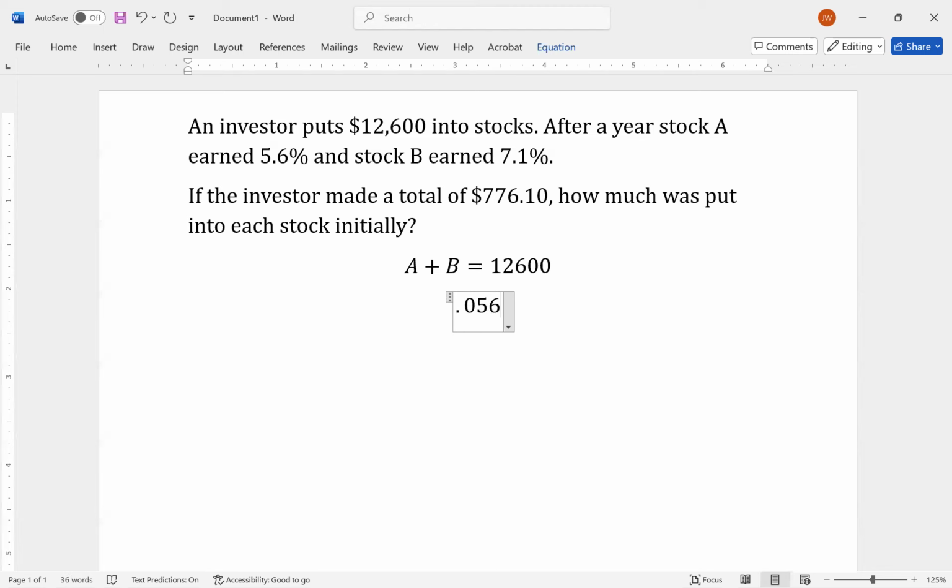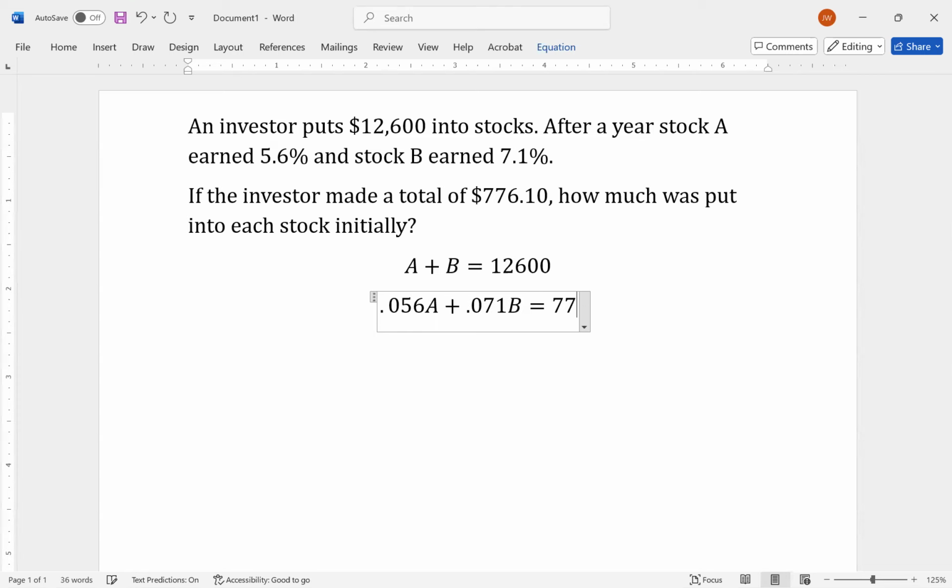The investor made 5.6% on stock A. So whatever they put into stock A, if I multiply that by 0.056, that's the decimal version of 5.6%, I'll get how much they made on stock A. And on stock B, they made 7.1%. So the total amount that they made on stock B is going to be 0.071 times B. It says in this case, the dollar amount that the investor made.